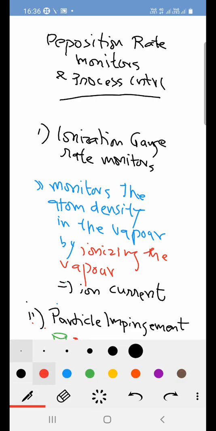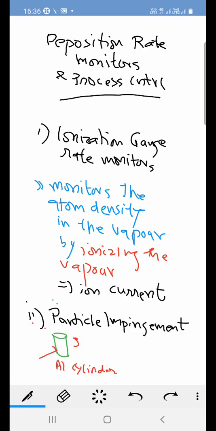Due to the impingement of particles, there is a momentum given to the cylinder, which causes torsion. From that we can have an idea of the rate of the deposition system.